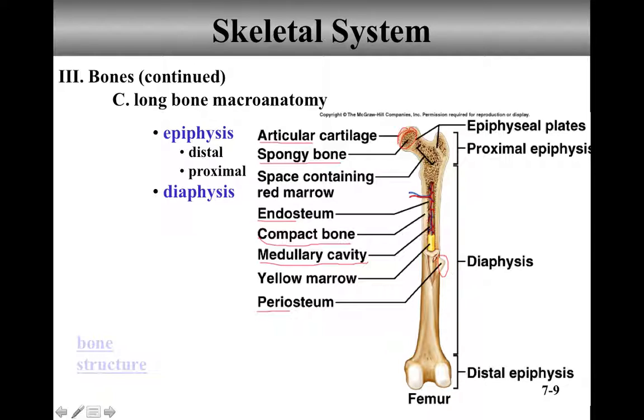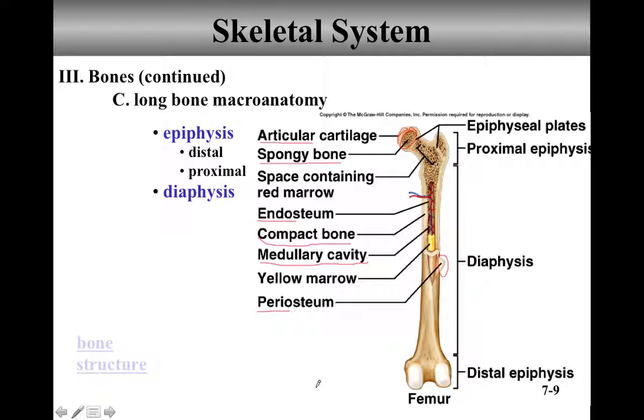And you can feel this. It's not just a dry bone. It is a smooth membrane on the outside of the bone and a smooth membrane on the inside of the bone. And then know that blood and nerves run inside of this medullary cavity, which we sometimes just simplify to say marrow. Cool? So that's your long bone macroanatomy.